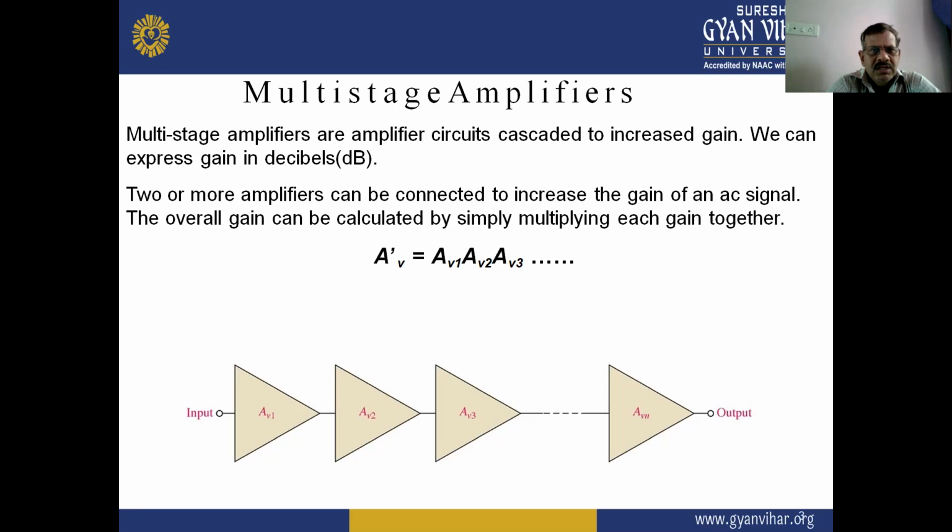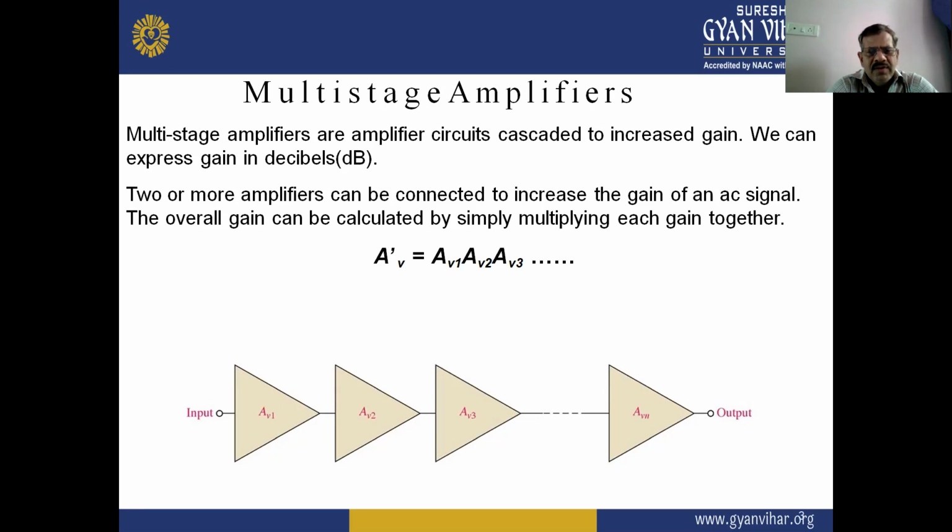In multi-stage amplifiers, amplifier circuits are cascaded to increase gain. So we can increase the gain by using the multi-stage amplifier process. We can express the gain in decibel dB of these multi-stage amplifiers.